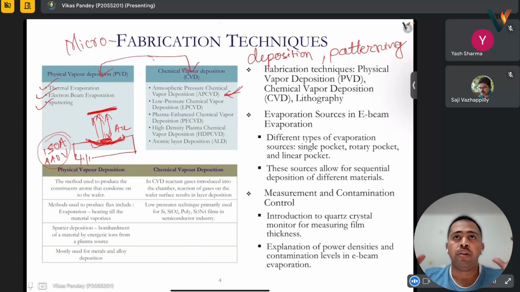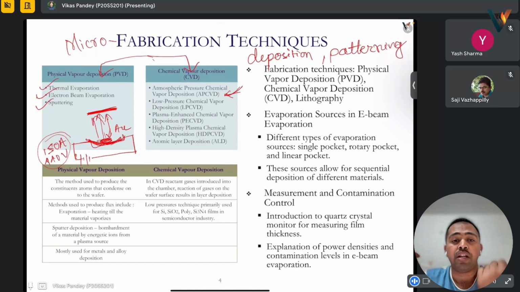There is no low pressure being done, and when we are not going for any pressure change, there will be contamination, dust particles, and these things can get inside. So this is the simplest one, but not of good quality. Then there is low pressure chemical vapor deposition. Then plasma enhanced chemical vapor deposition, where we are mixing plasma with CVD. Then high density plasma chemical vapor deposition, where the plasma intensity is increased.